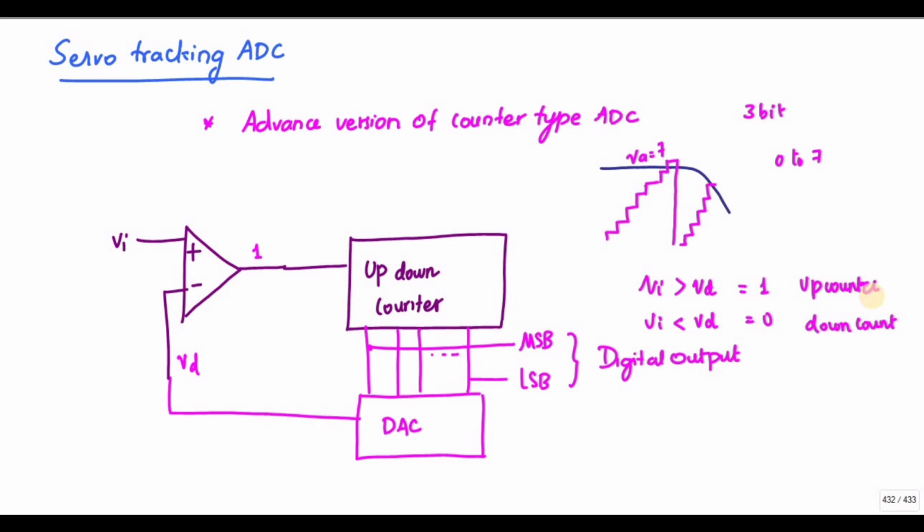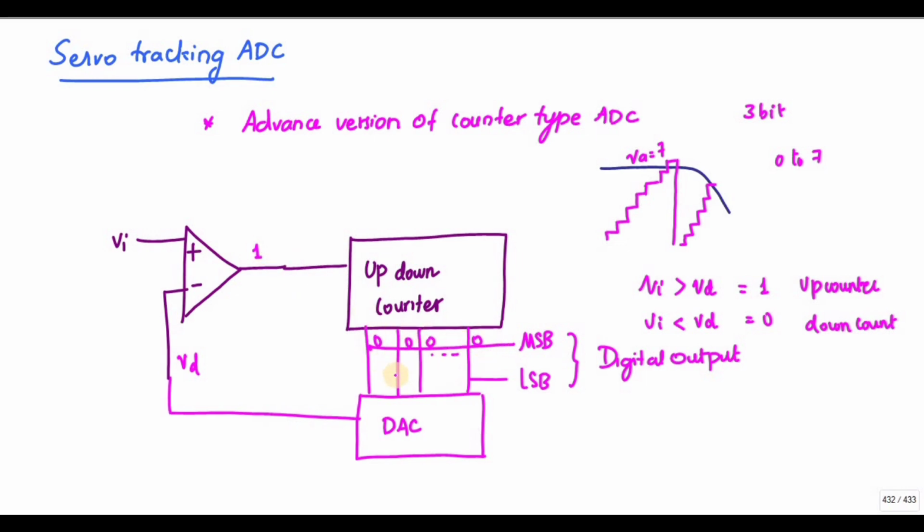The DAC output increases with each incoming clock pulse. Initially the value of the up counter is 0. Whenever I have 1, it will start to count, from 000 to 001, and as long as I have 1 it will up count.